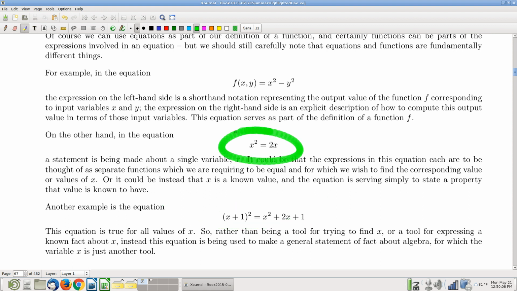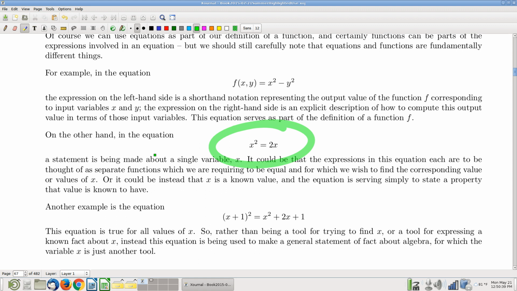Here's a different equation, x squared equals 2x. This is not an algebraic identity. This is not always true. And yet, we might write something like this down because there are some values of x that we're interested in for whatever reason, when x squared will equal 2x. So these are equations serving different purposes, but neither of these is to be thought of as a function. Take this equation here, for example.